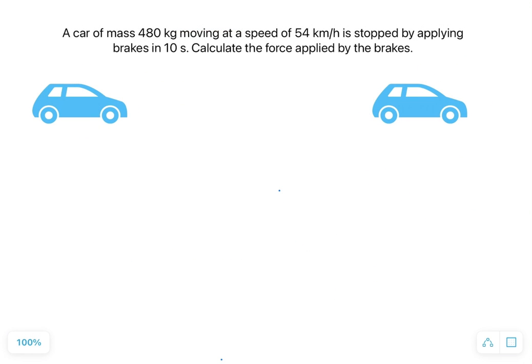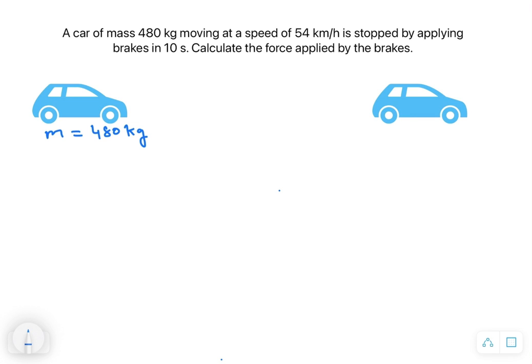A car of mass 480 kilograms moving at a speed of 54 kilometers per hour is stopped by applying brakes in 10 seconds. Calculate the force applied by the brakes. Mass of the car is 480 kilograms.